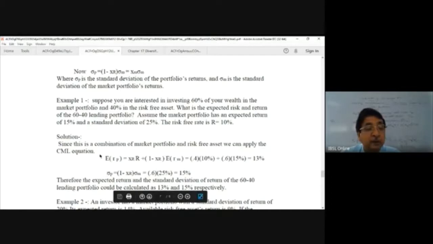And you have to get the standard deviation of the portfolio also. That is given by 1 minus XR into sigma M, or XM into sigma M. XM is the weight of the market portfolio, that is 0.6, into 25% which is sigma M. So it is 15%. Therefore, the expected return and the standard deviation of return of the 60/40 lending portfolio are 13% and 15% respectively.